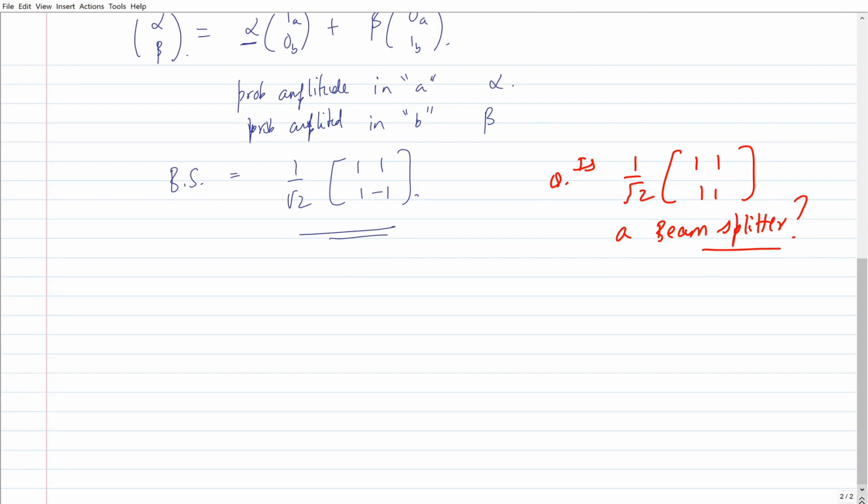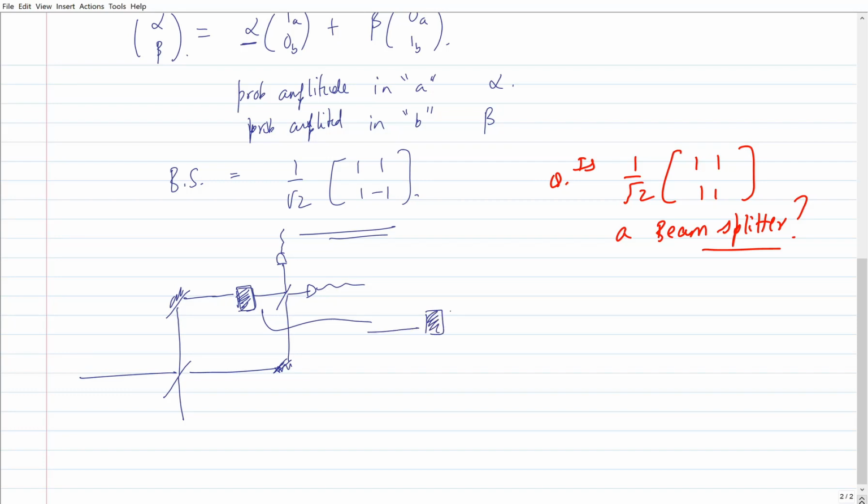And let's say, for example, if I have a phase shifter, like I introduce some glass plate in the path of the photon, this phase shifter is just going to put some sort of a phase relative to port B on this path over here.